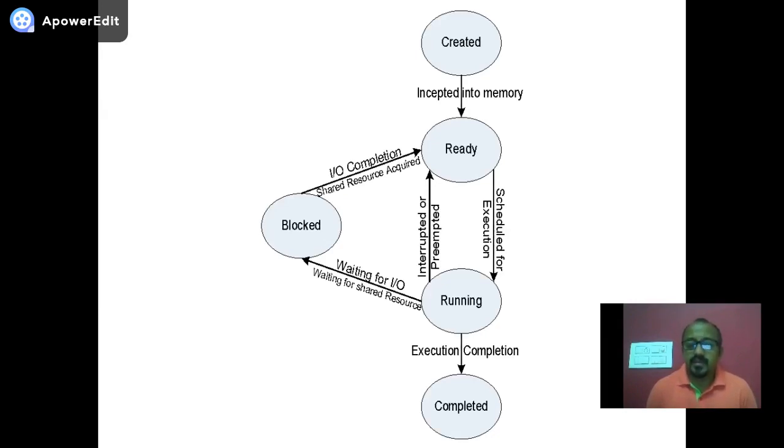So these are all available, and it is only waiting for CPU time. And when it gets the CPU time from the operating system, the task goes into running state.